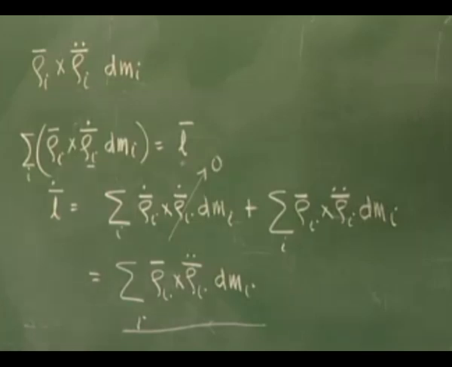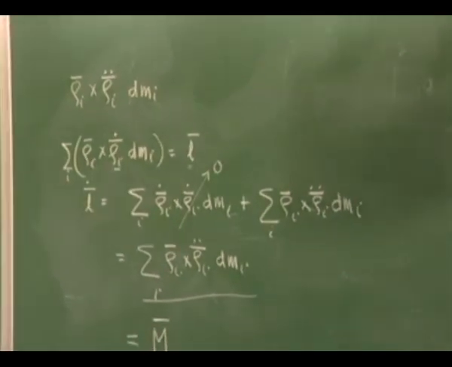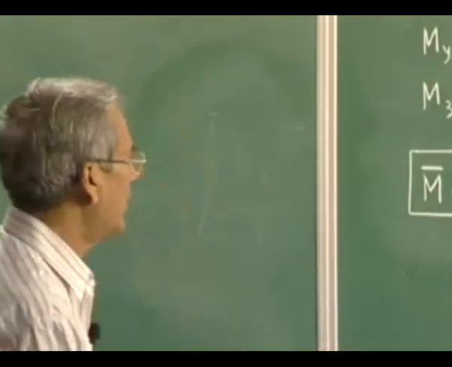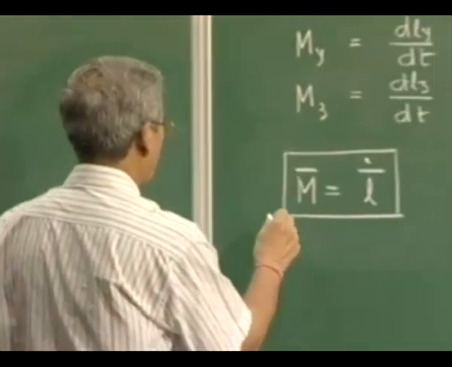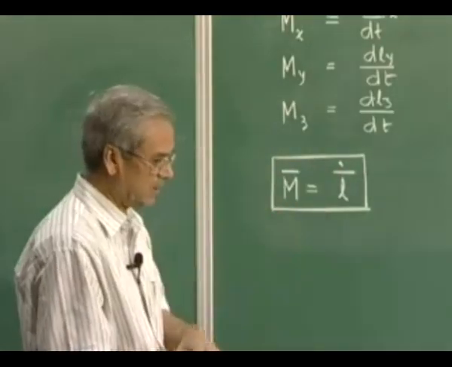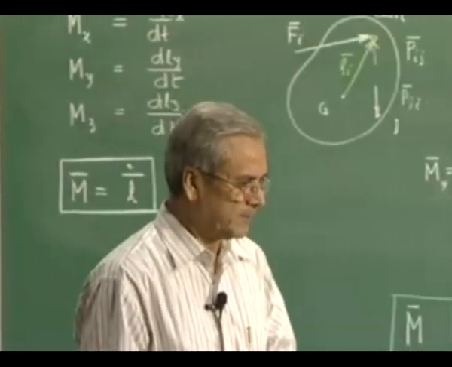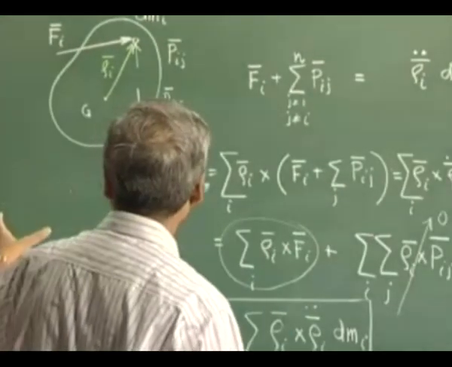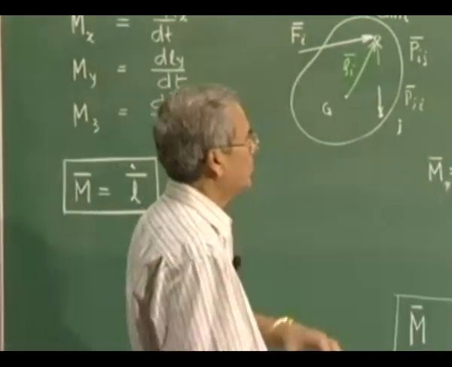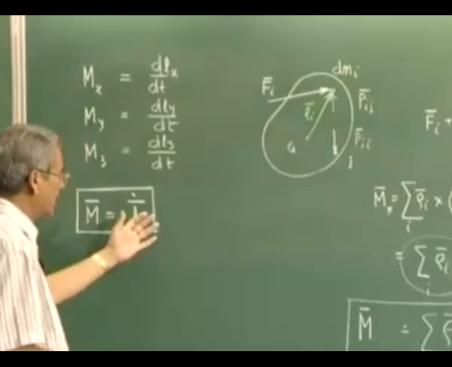So this is nothing but the rate of change of angular momentum, which is equal to, as we have shown, the resultant moment of the external forces, or resultant externally applied moment. So the equivalent to Newton's law is that moment applied is equal to rate of change of angular momentum. Here it is just a very general form.